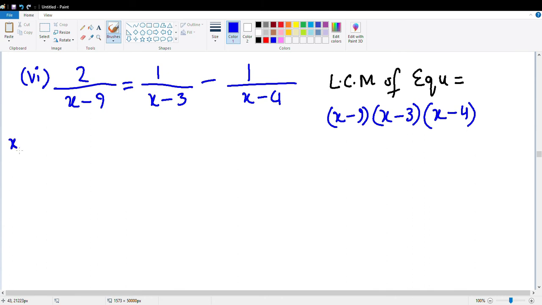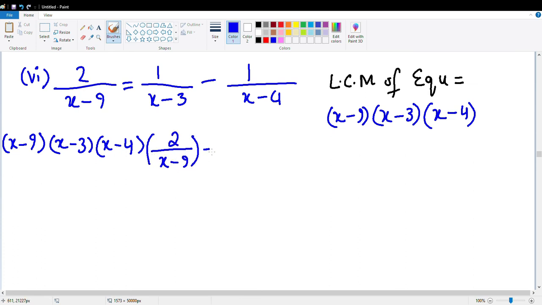So doing so, we'll get x minus 9 into x minus 3 into x minus 4 into 2 over x minus 9 equals x minus 9 into x minus 3 into x minus 4 into 1 over x minus 3.